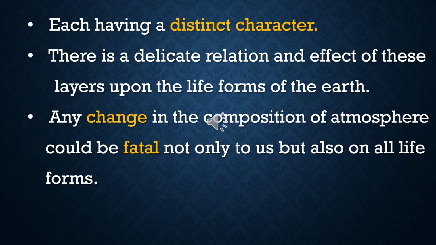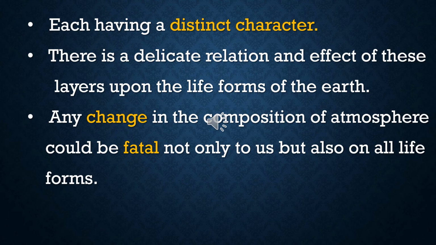Each having a distinct character. As I said, there are different layers of the atmosphere, and they have different effects. They have different characters. Each layer of the atmosphere has its own name, its own specific characters, specific temperatures, specific gases.